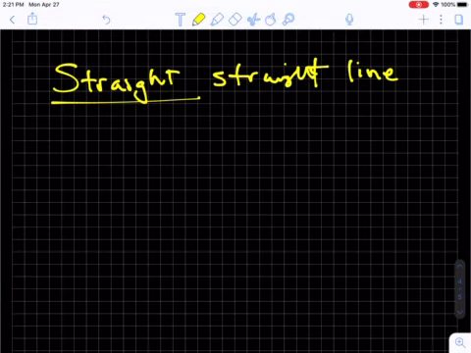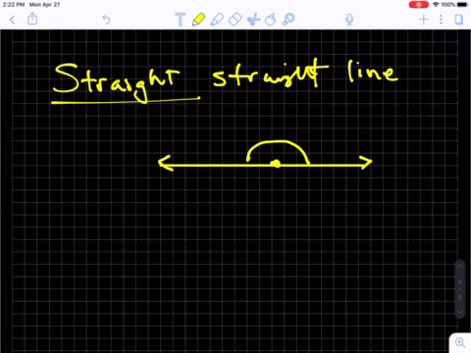It's pretty much anything that looks like a straight line, and it may or may not have a point in it. But it's a straight line, and the measure of it from one side to the other is 180 degrees. Okay, so a straight angle is 180 degrees.